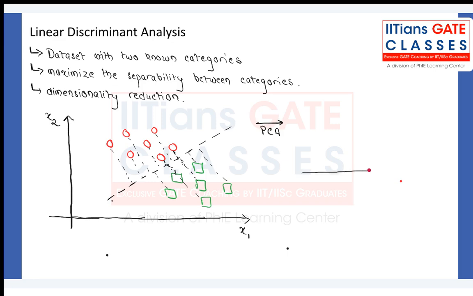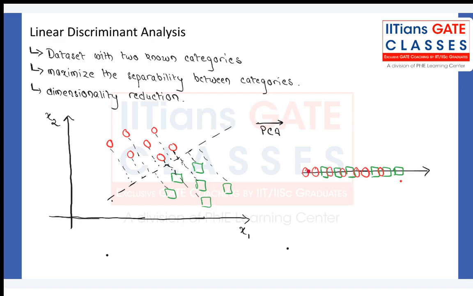So this point is here, then this point here, then we have green points here, and for the red points, one will be here, one here, and so on.